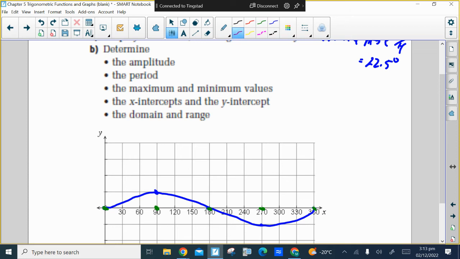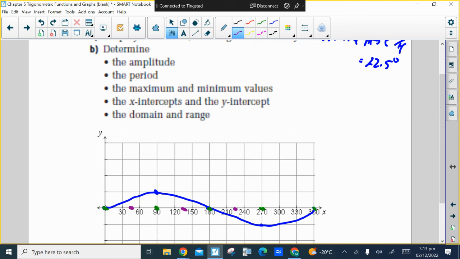If you go back to the original graph, it starts at 0, ends at 360. Halfway in between those at 180 is another x-intercept. So the same thing will happen here. Halfway between these 2 points at 45 degrees, there's another x-intercept.